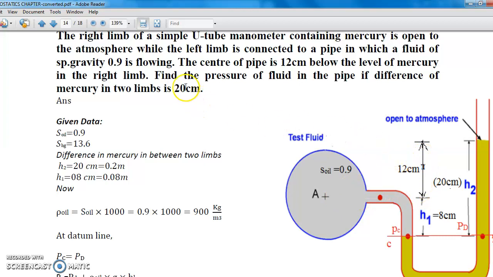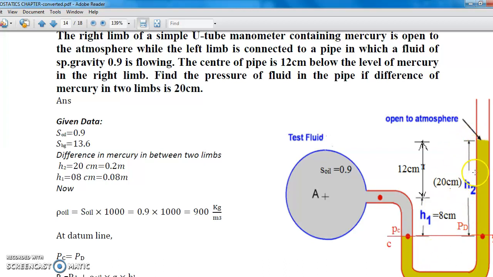Then find the pressure of the fluid in the pipe. Here you have to calculate the pressure of the pipe. And what another point is given? If the difference of the mercury in the two limbs is 20 centimeter. Now you see this is the reference line CD, and here you see this H2.